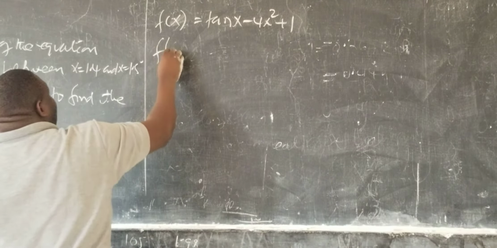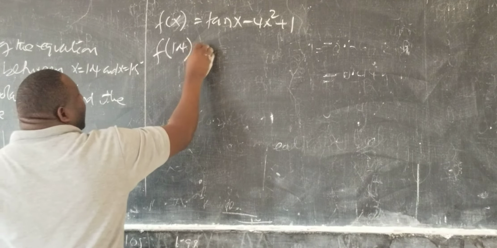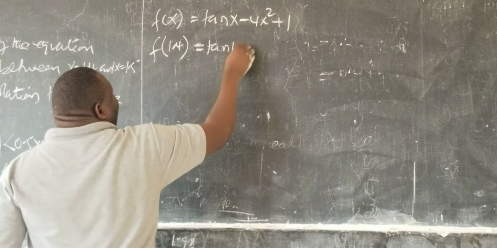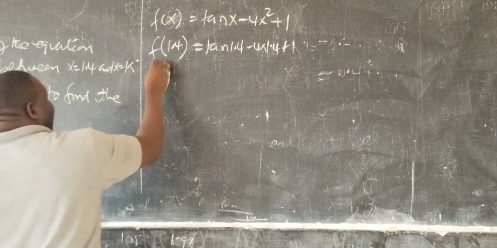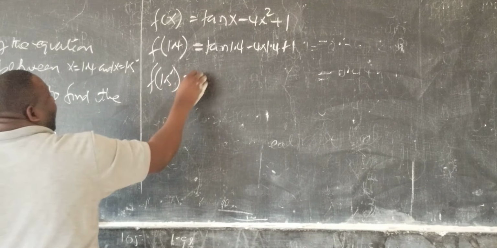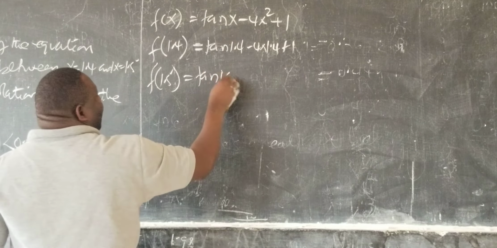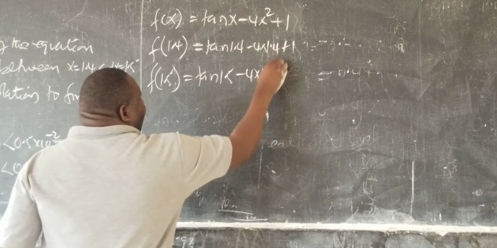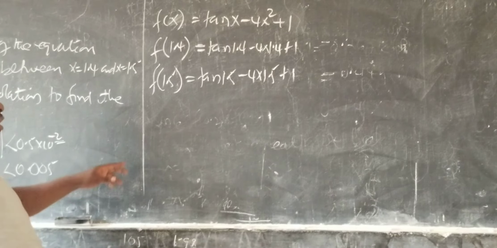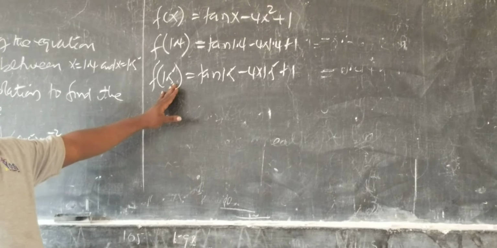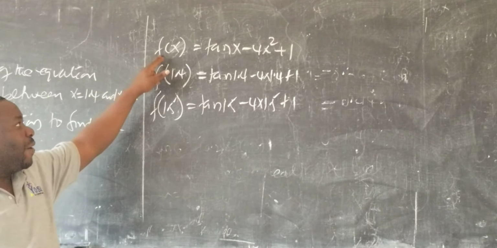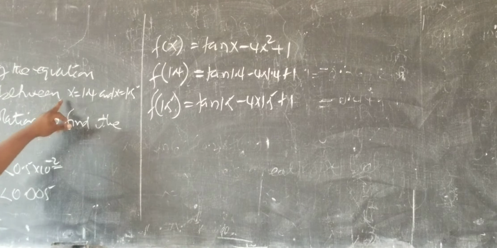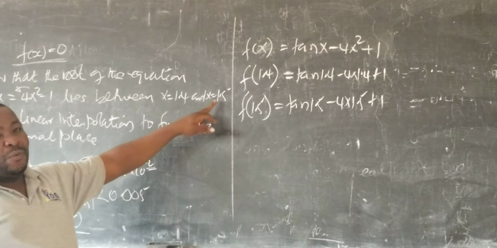We substitute in f of 1.4, which is tan 1.4 minus 4 times 1.4 squared plus 1, then f of 1.5, which is tan 1.5 minus 4 times 1.5 squared plus 1. Make sure that the calculator is set to radians. The calculator must be set to radians at this point.